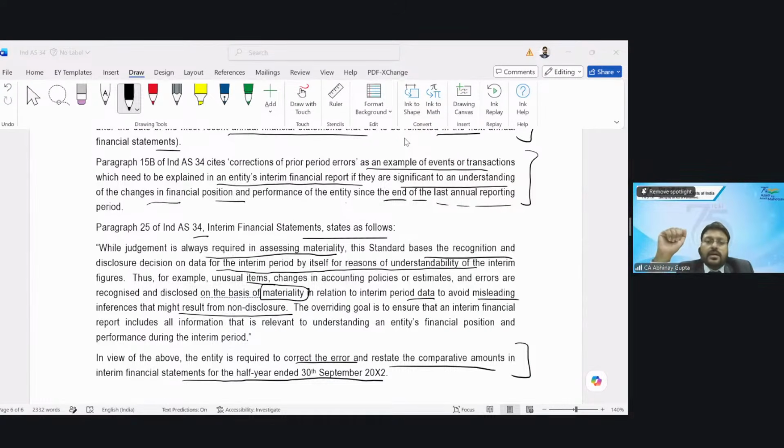Then the bonus item which we have discussed. What was the learning from the bonus? Since bonus is an annual payment to all the employees arising out of constructive obligation, for each quarter, do we have the constructive obligation? Yes. Although the payment becomes due at the year end, are we following the accrual method of accounting or the cash basis? We are following the accrual method.